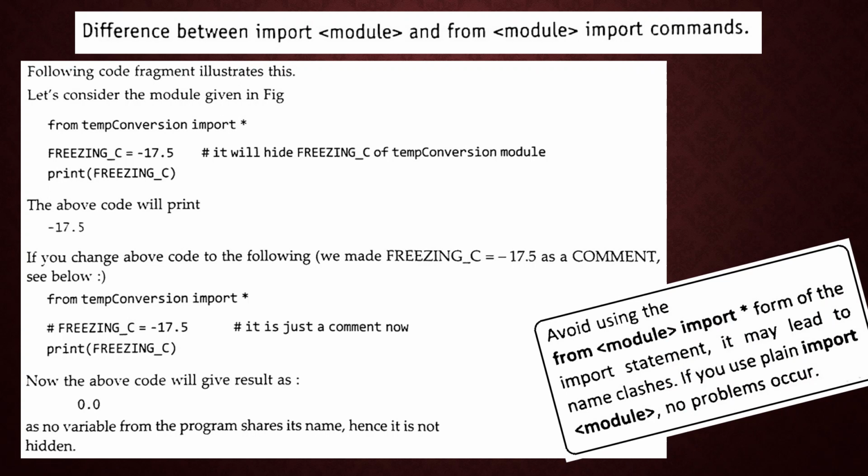If you use plain import module, no problem occurs. There may be some name clashes in case you are using from module import star. Actually, using such commands is not a sign of a good programmer, so better to avoid using from module import star.